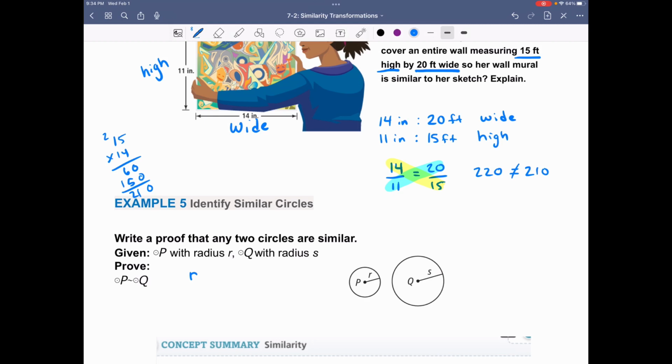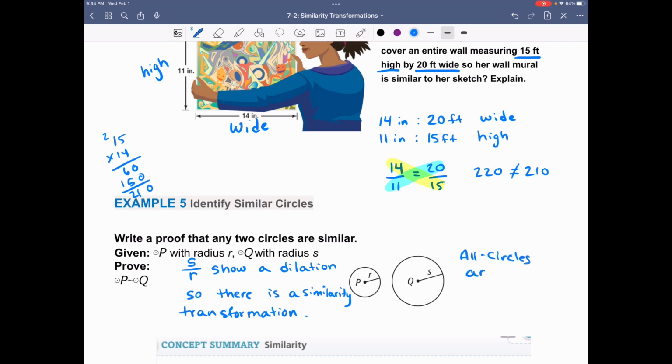And we can figure out what the scale factor is by dividing. So if we take the large circle and we divide it by the small circle, those radii show a dilation. So there is a similarity transformation, and this is true for all circles. All circles are similar.